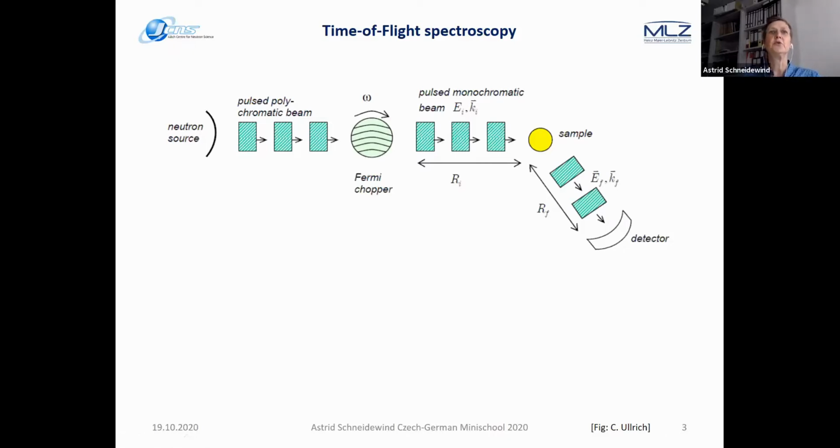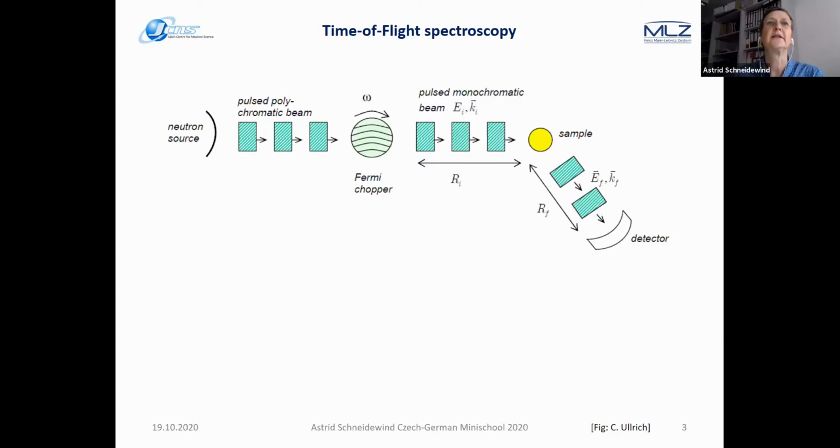And what we want to do is we want to learn now how the neutrons change their energy while interacting with the samples. And a good way is to know the energy which the neutrons have arriving at the samples. In the case of the time-of-flight spectroscopy, this is done by a kind of chopper device, which allows you to get a starting point of the starting time of the neutron beam, which will arrive at the sample.